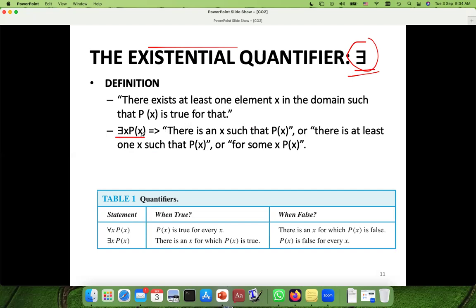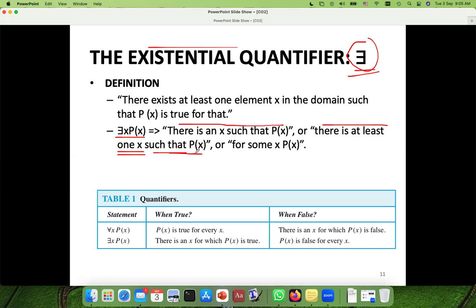There exists x, p of x. In more detail, there is an x such that p of x is true. Or there is at least one x, at least one value is needed. If more, then alhamdulillah, but if one, then it's okay. There is at least one x such that p of x is true.